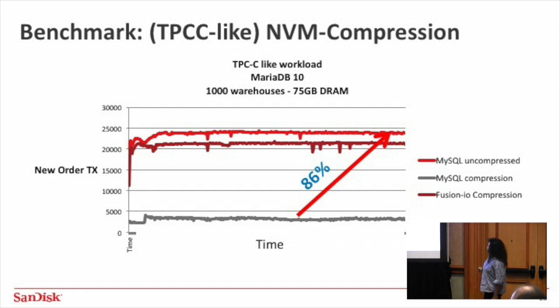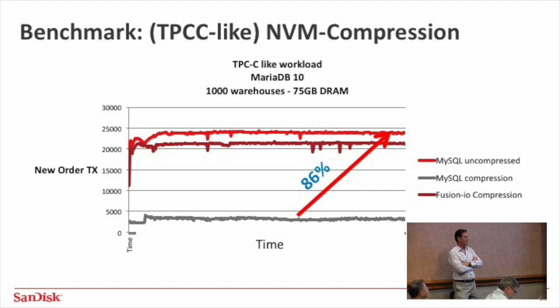The top one is, I'm actually not sure which one is the uncompressed and which one is the NVM compression. They are about the same. The top one is uncompressed, which is, in other words, the most you could expect in terms of compression performance, right? And then the red line right underneath it is using NVM. So there's still a performance penalty for compression, but it's shrunk substantially.